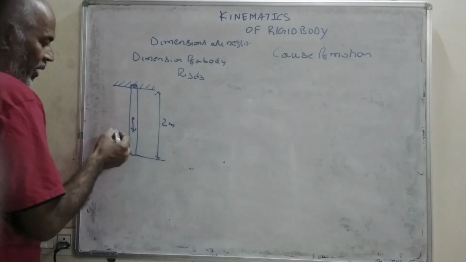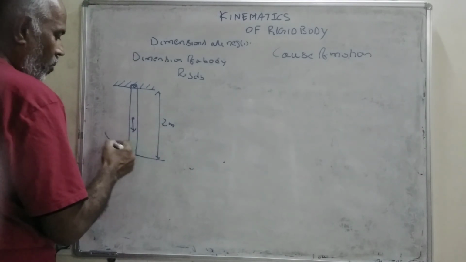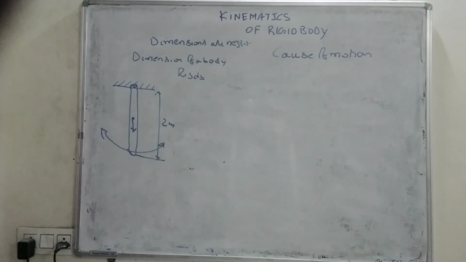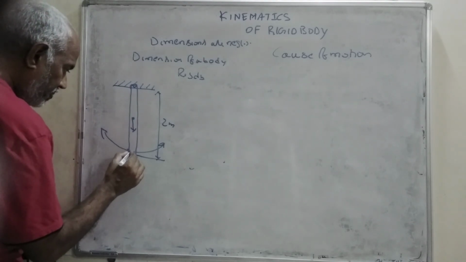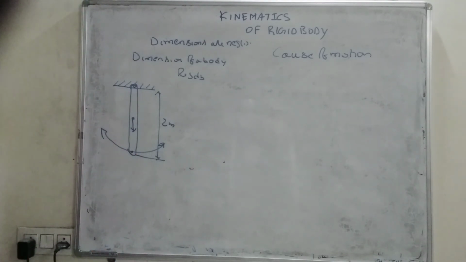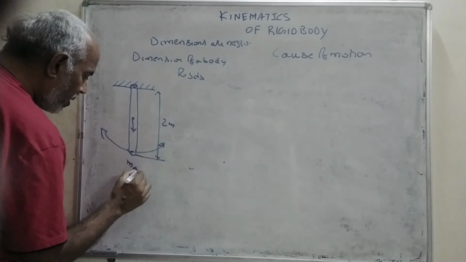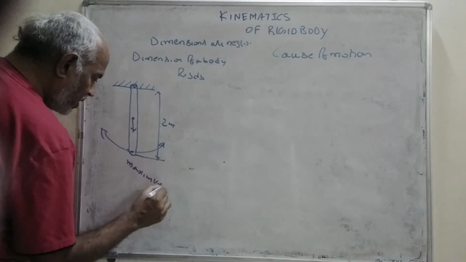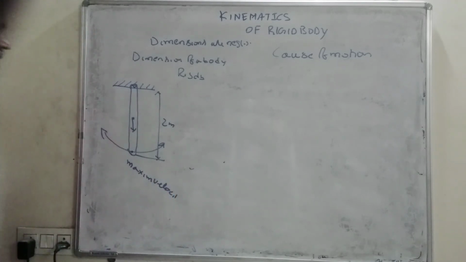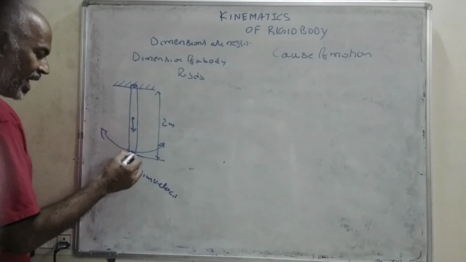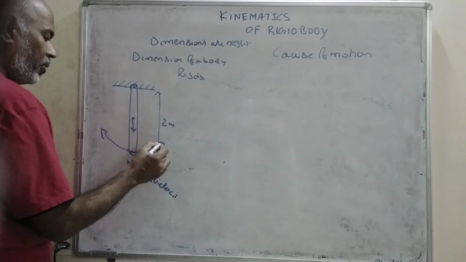Now, this pendulum is moving to and fro. At this particular point, it has maximum velocity, because with the help of the velocity it has to move to this particular location.